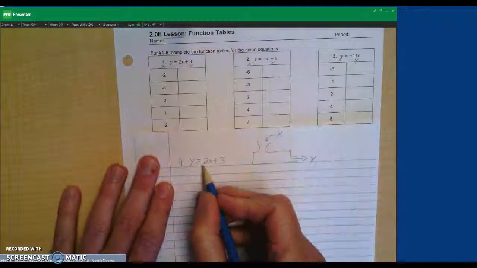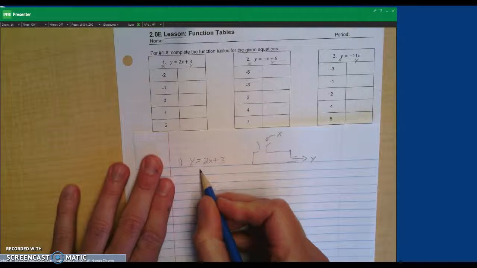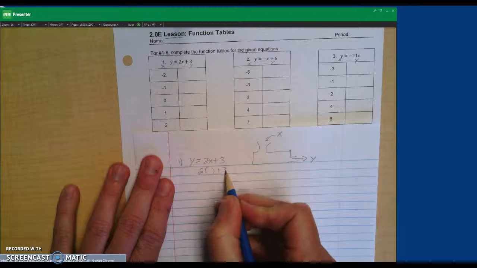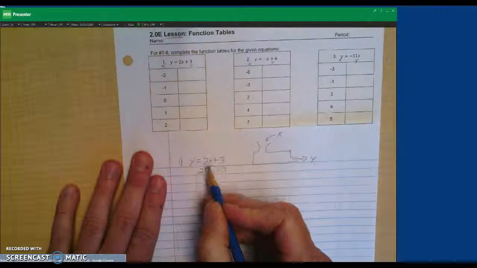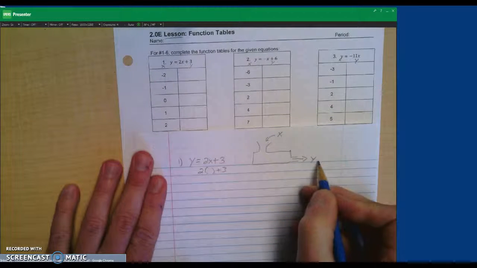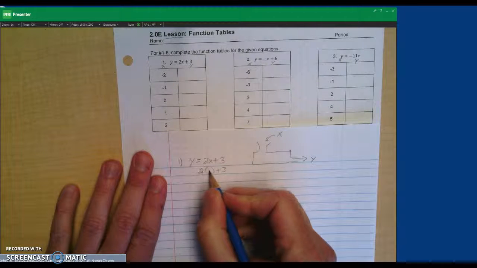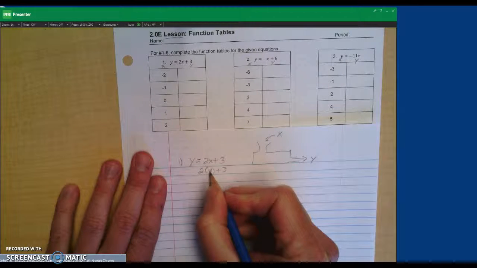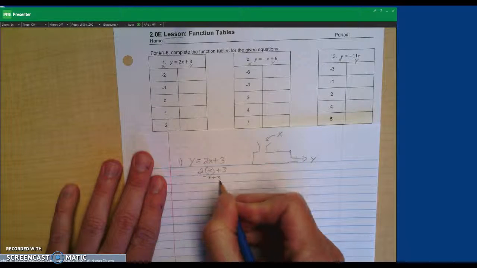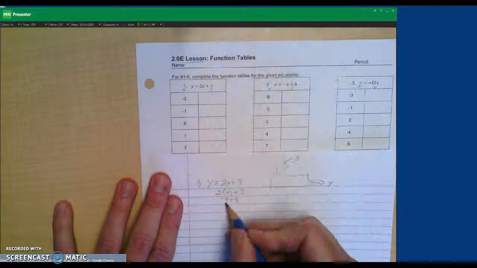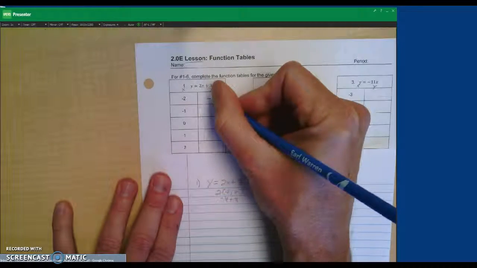So it's pretty easy. All you do is copy this down and drop in all these x values into this machine and see what the y spits out. So you're just multiplying by 2 and adding 3. First is 2 times negative 2, which is negative 4, plus 3, that gives us negative 1.